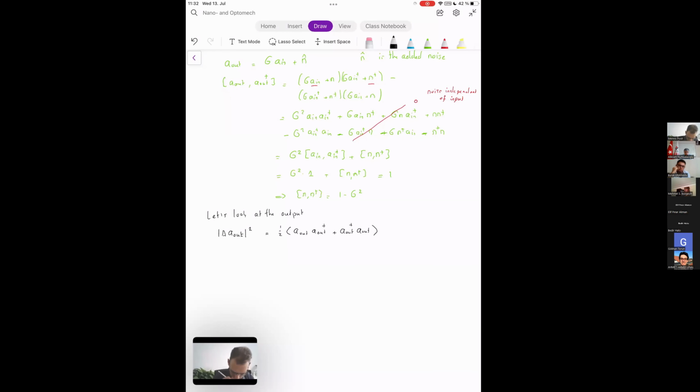So that is the first term, minus the expectation value of A out and A out dagger. So from this you can see there is the symmetrized sum of those two products of the two operators. There's the 1/2, and also you subtract the expectation value of these things.